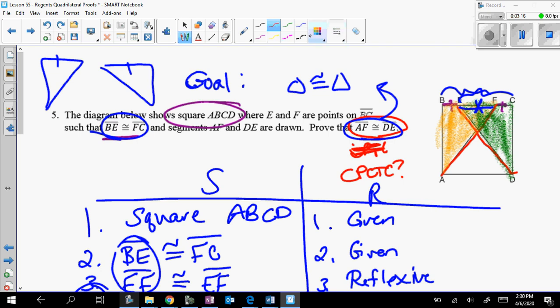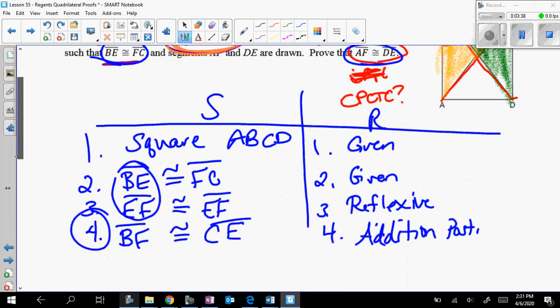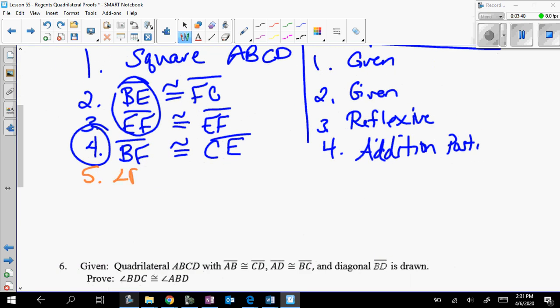Now, can we think of any square facts that we can use to get something else in each triangle congruent? Yes. One that comes to mind is that squares have all right angles. So I can say these are right angles, and so then these are right angles. I've got congruent angles for my triangles. So angle B and angle C are right angles.